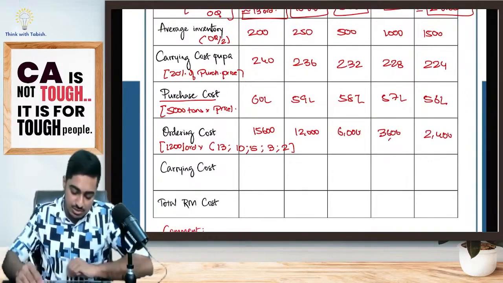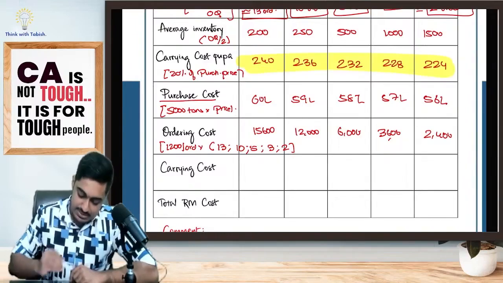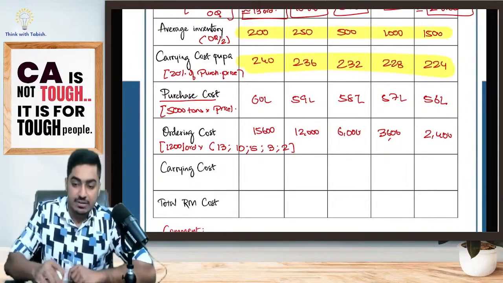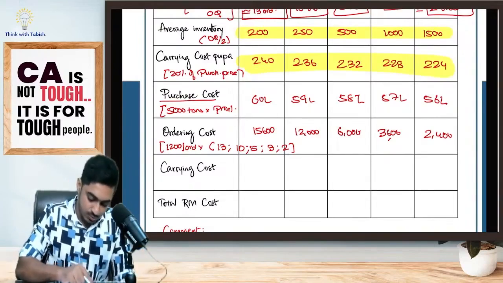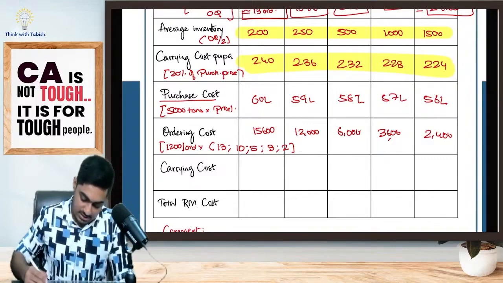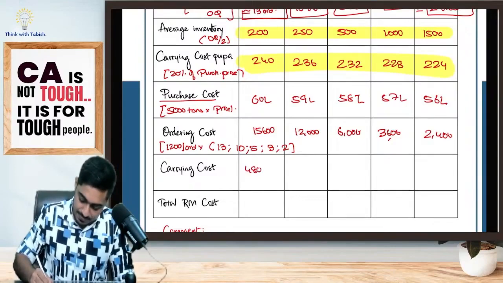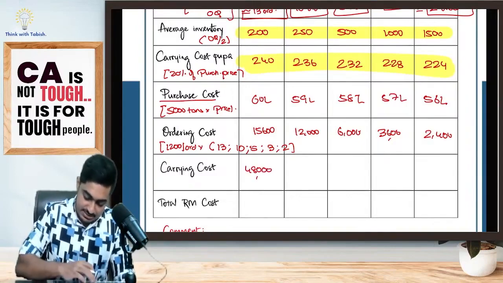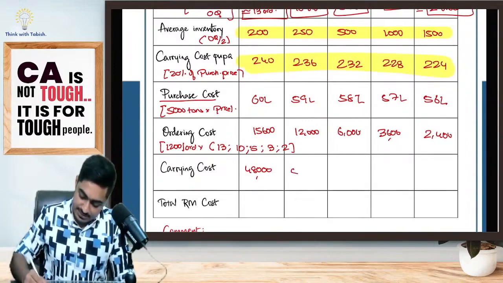Carrying cost. It is carrying cost per unit per annum, which is given here, into average inventory. In the first case, I will directly write from here. Pay attention. Carrying cost per unit per annum 240 into 200, which is 48,000. Second case, 236 into 250, which is 59,000.